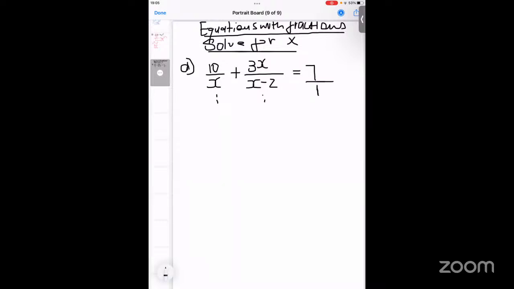The reason I would do this, honorable members, is because I want to take that denominator, and that denominator. So I will take the denominator x, the denominator x minus 2, and also the denominator 1.